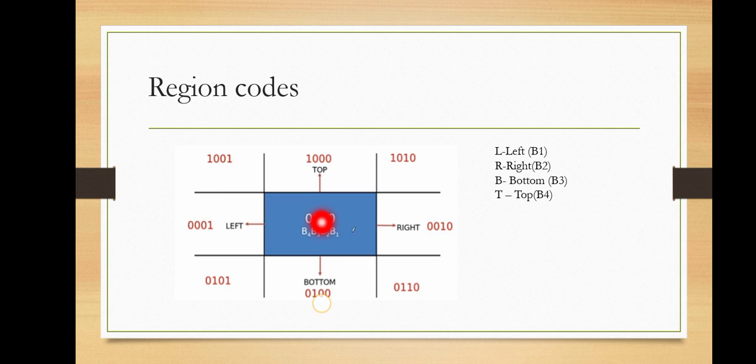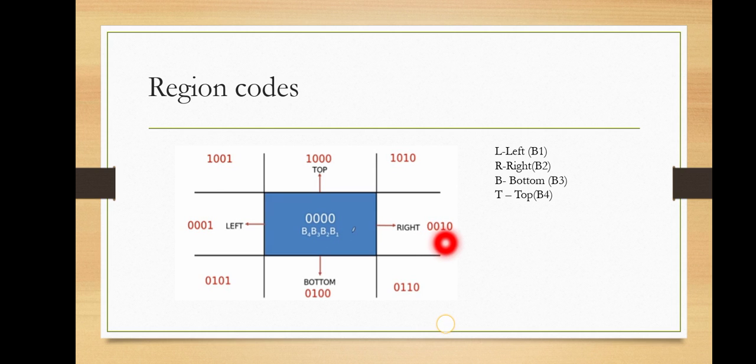Now see, this is the left of the window. So the left bit is 1 and all others are 0. This is the right region, so the second bit is 1 and the remaining are 0.